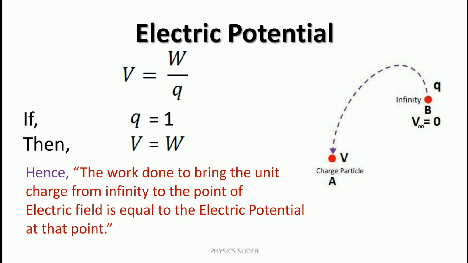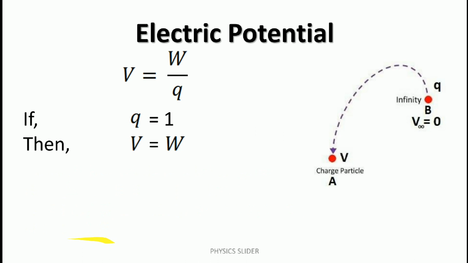To move a unit charge from infinity to the point of electric field, whatever the work done is, is equal to the electric potential. So this is the definition. The work done to bring the unit charge from infinity to the point of electric field is equal to the electric potential at that point.